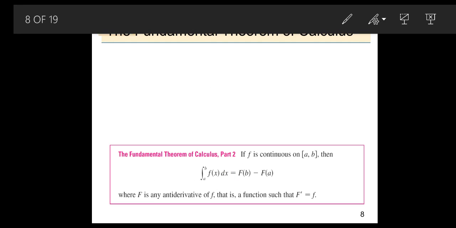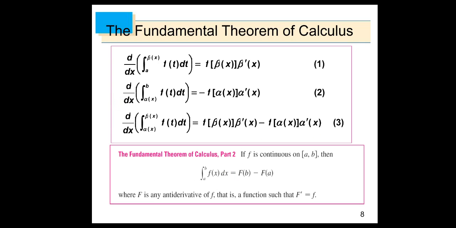We have some other conditions as well. Suppose we have the lower limit as a and the upper limit as b of x, which is a function. So if our lower limit is a constant and the upper limit is a function, we will expect it to be equal to f of b of x into the derivative of b of x, or b prime of x.